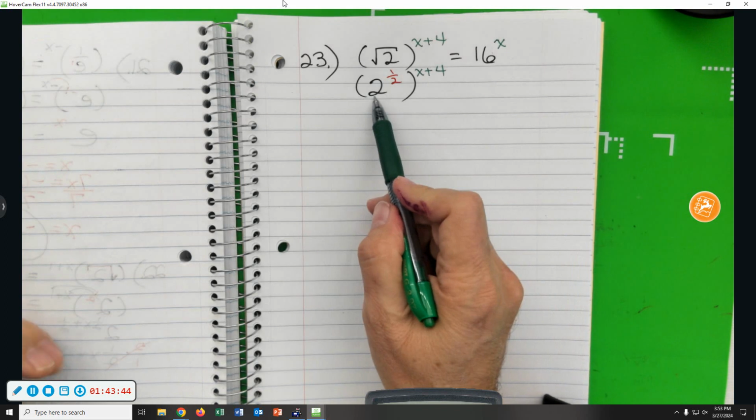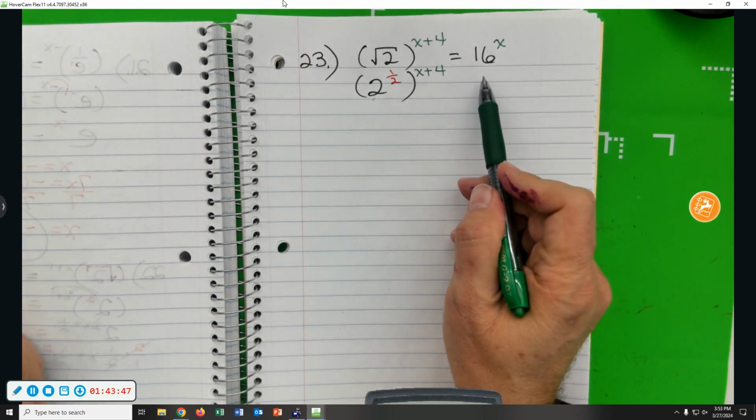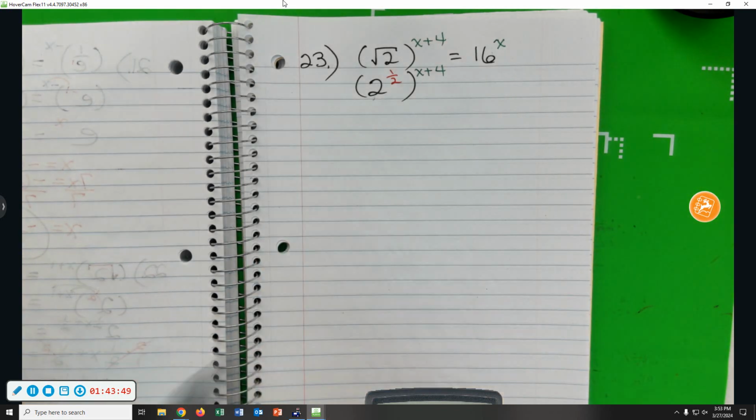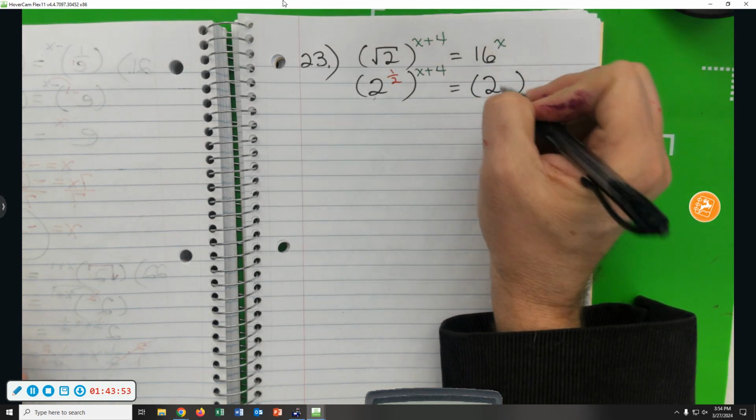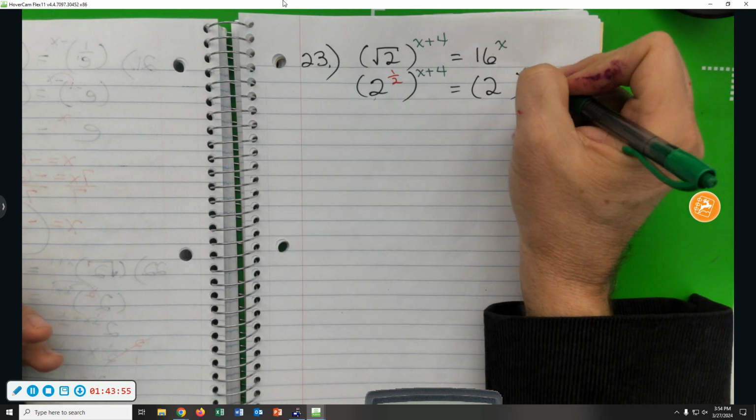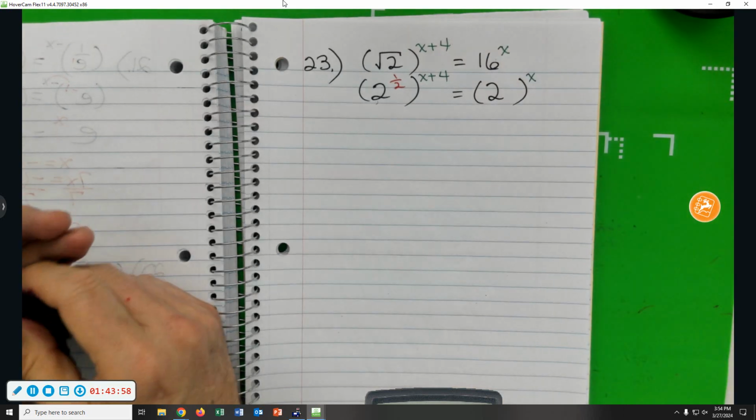That means 2 is our base. We better be able to write 16 as a power of 2. Two to what power gives us 16?